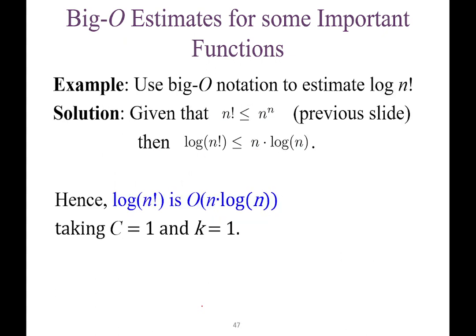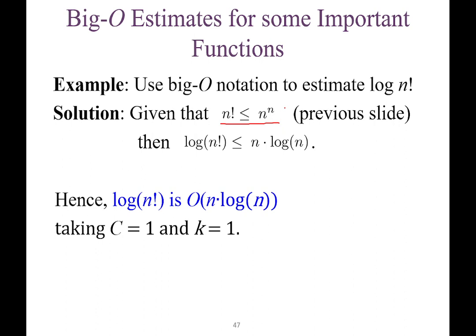Next, let's use big O notation to estimate log factorial of n. This is very easy because by the previous example, we know the factorial of n is big O of n to the power of n. So we can write that factorial of n is less than or equal to n to the power of n.